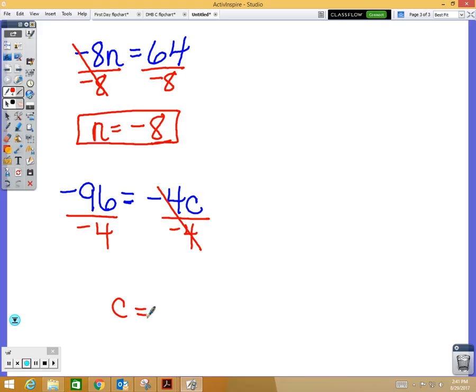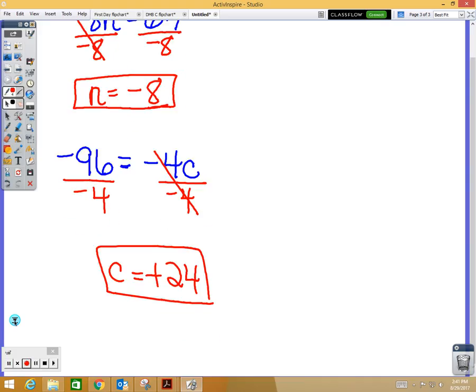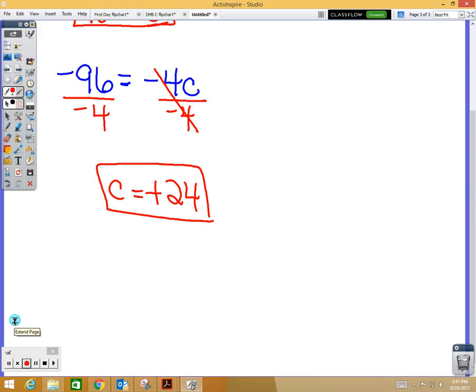Two negatives make a positive. 4 goes into 96. How many times? 24 times. 4 goes into 9 twice, with 1 left over. 4 goes into 16 4 times. That's how you can do it in your head. I think the multiplying and dividing ones are easy because the rules for multiplying and dividing negative numbers is easier.